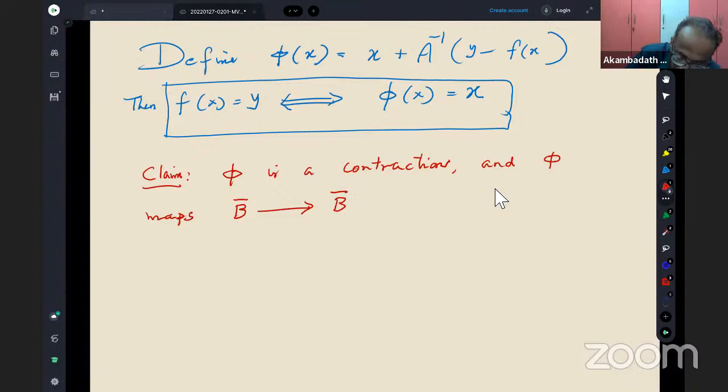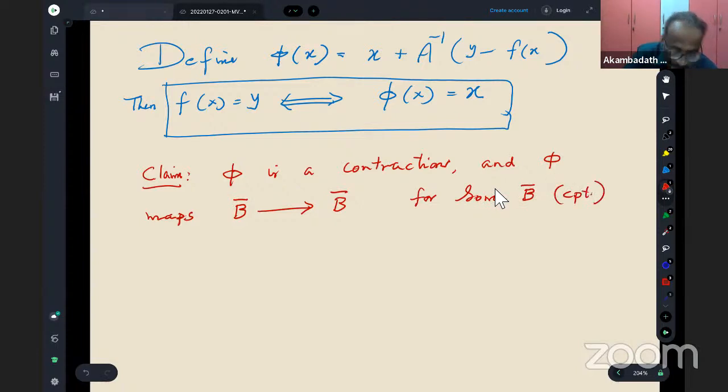In other words, phi maps B bar for some radius. It's also a self-map. So B bar is compact.